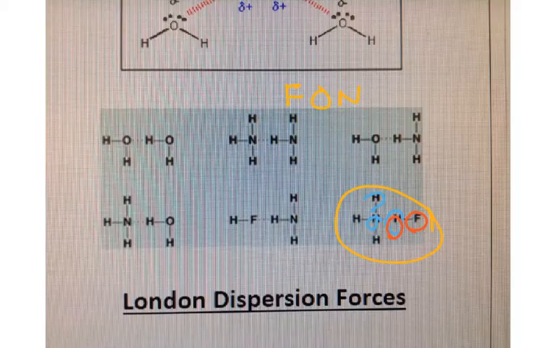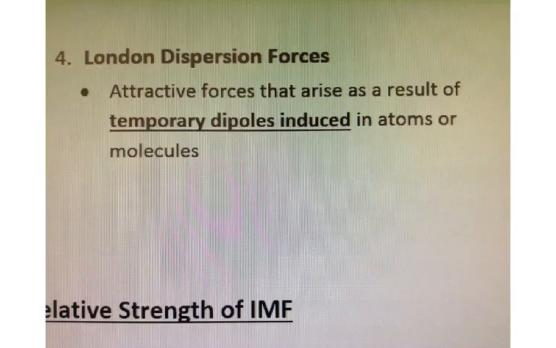Because both of them, fluorine and nitrogen, are part of the elements that are available to do hydrogen bonding, you are okay, and these molecules would have an attraction that would exist as a hydrogen bond.